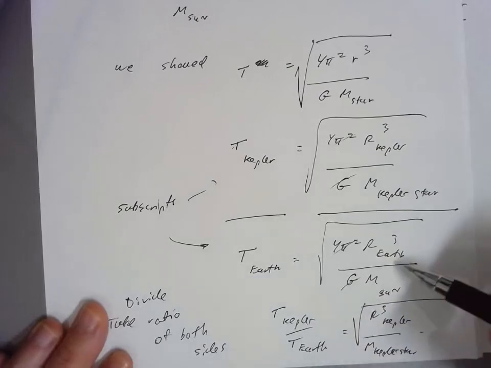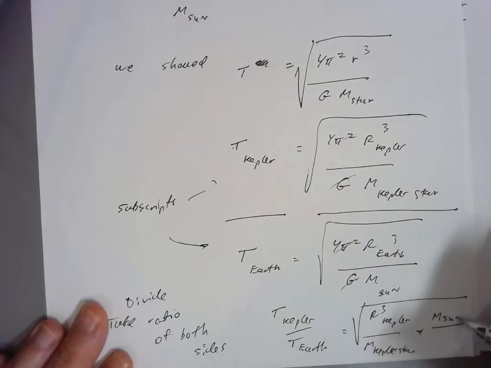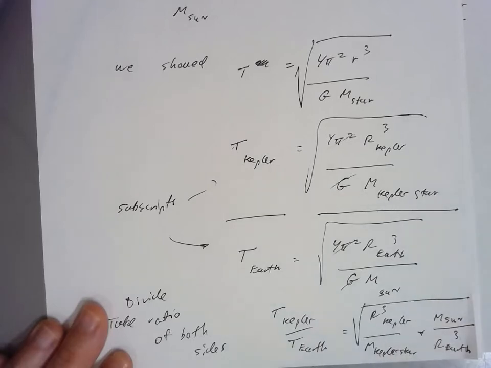And then from the fraction in the denominator of my ratio, I'm going to multiply by its reciprocal, which means multiply by m Sun over r Earth orbit cubed.